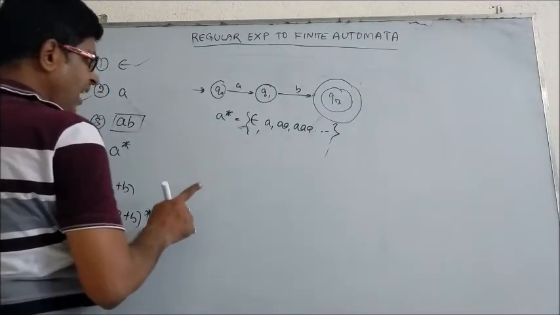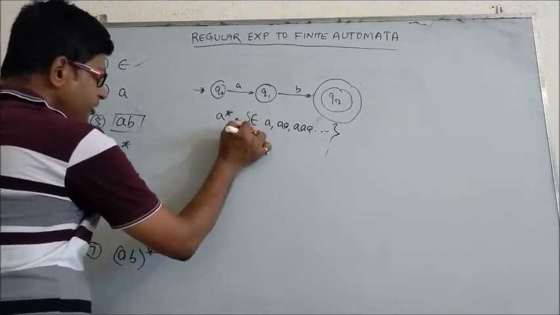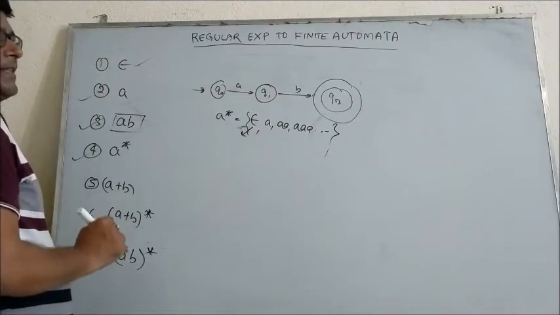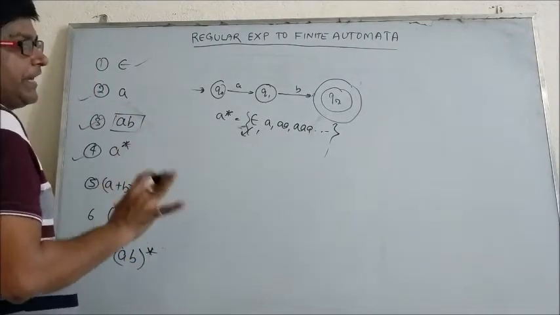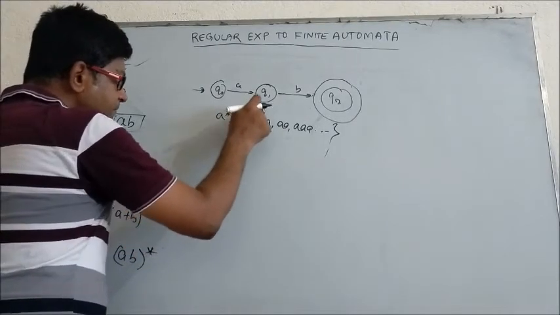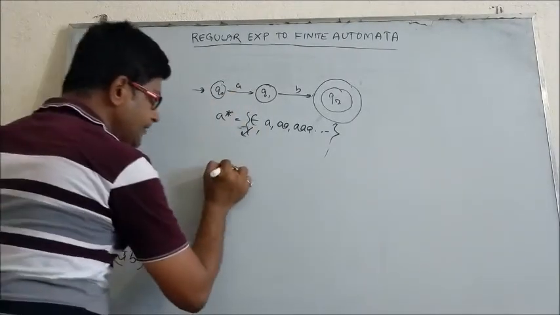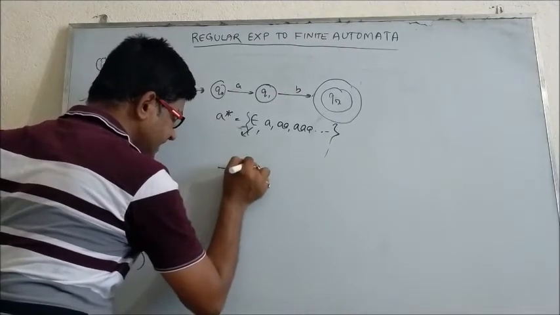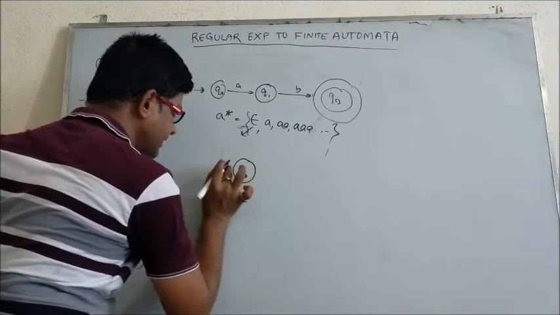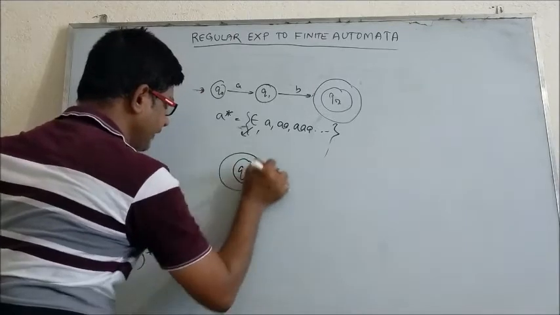I have already taught you, if any epsilon symbol is there, that means the initial state will be your final state. Please take note of that. Initial state will be considered as final state.